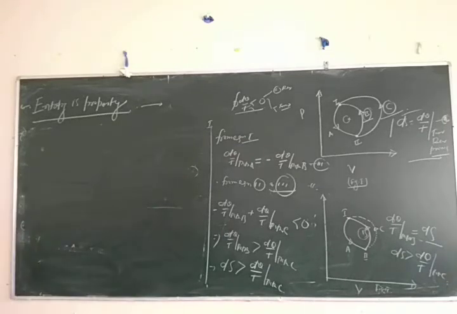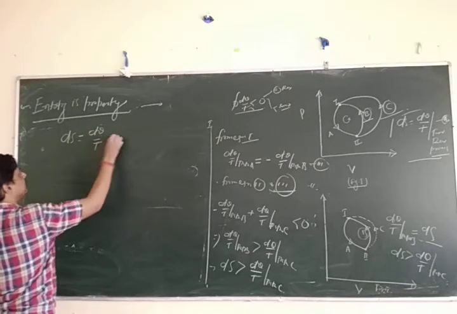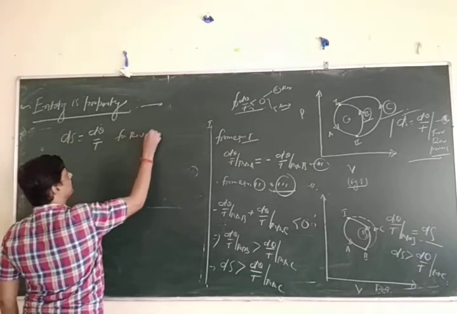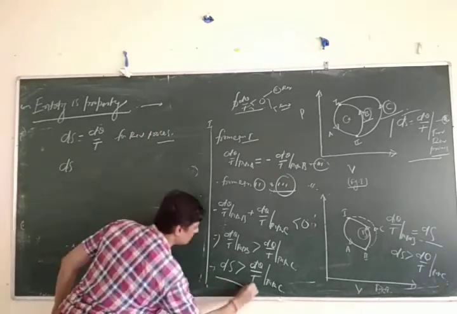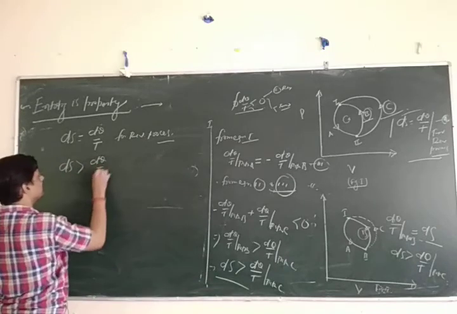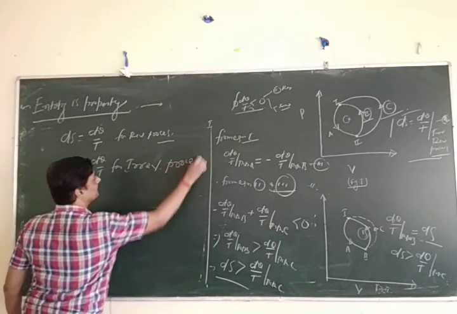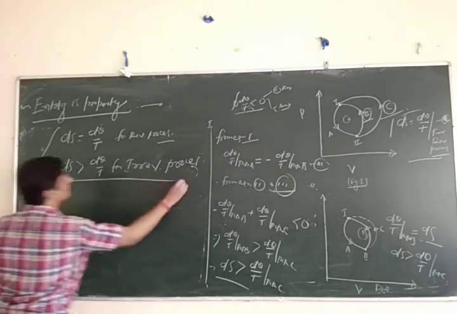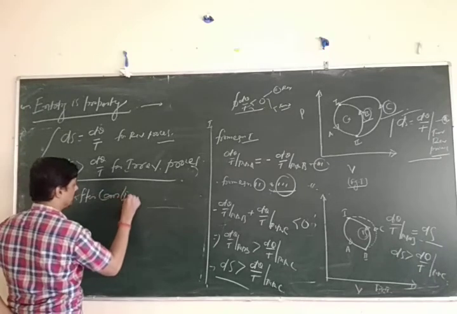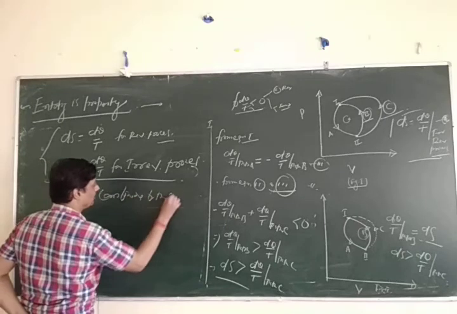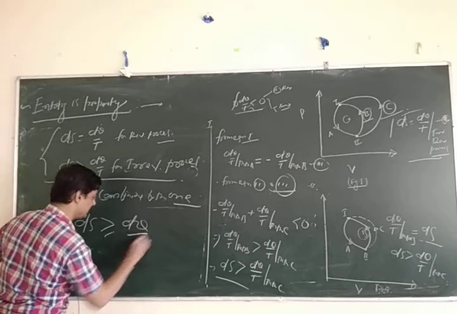We can say that ds is equal to dq by T for a reversible process, and ds is greater than dq by T for an irreversible process. If you combine both, what do we get? ds is greater than or equal to dq by T.